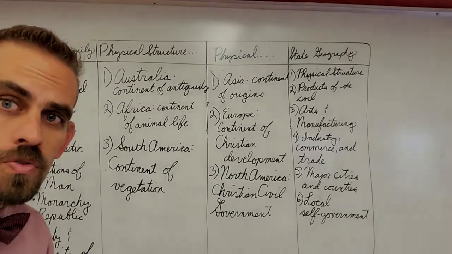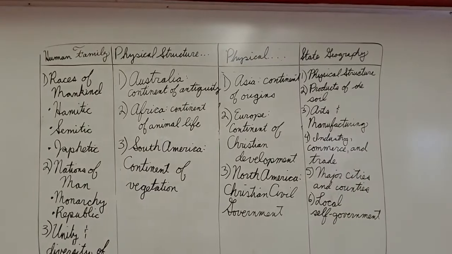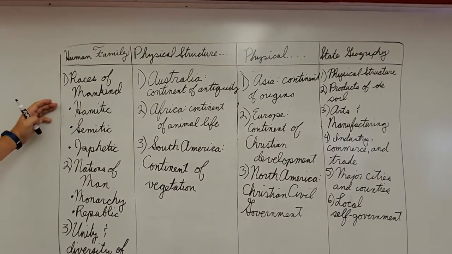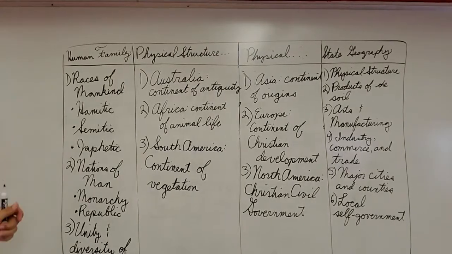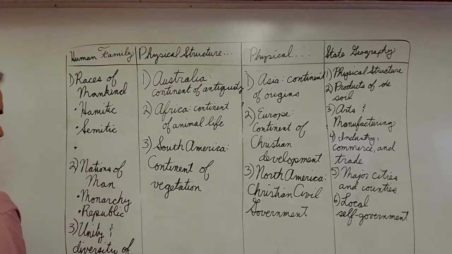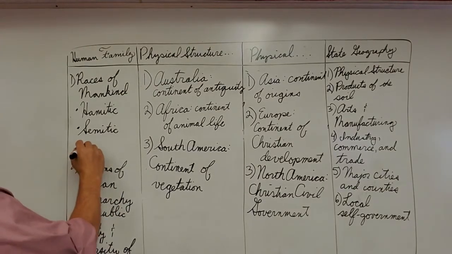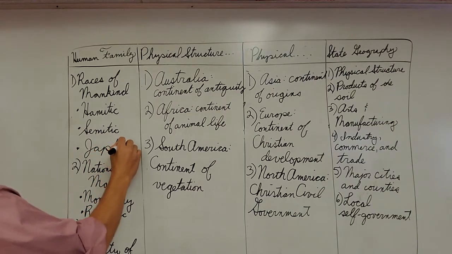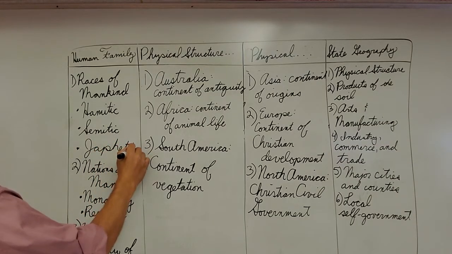Let me go over this real quick and make sure you can probably read all of it. So we've got races of mankind, the Hamitic, Semitic, and Japhetic. That one's kind of ugly. We'll rewrite him. There.